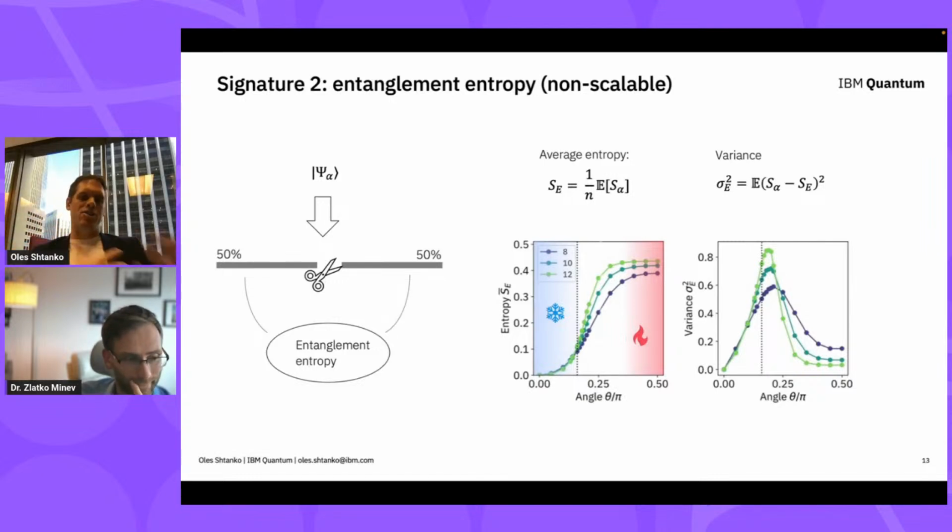I just didn't want to stop on that too long because it's something non-scalable, something which we cannot do with hardware. So I want to just briefly mention the entanglement itself. And of course, if you look at the literature, researchers studied many-body localization from different perspectives and invented other interesting measures of the phase transition there.